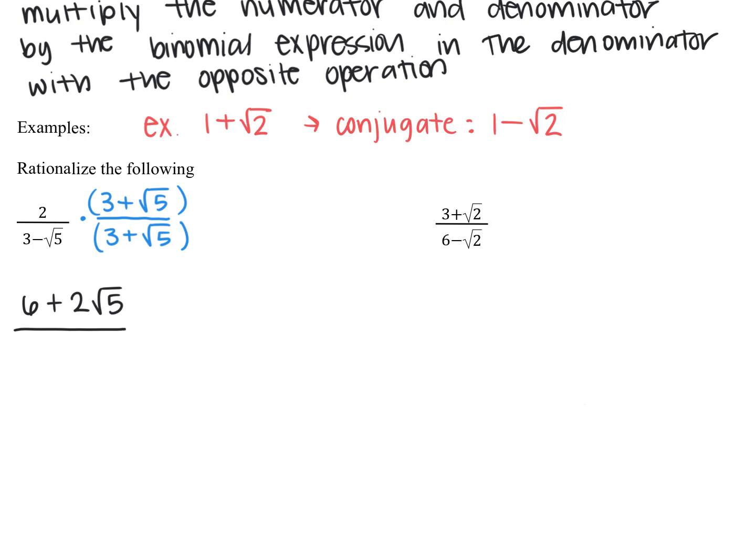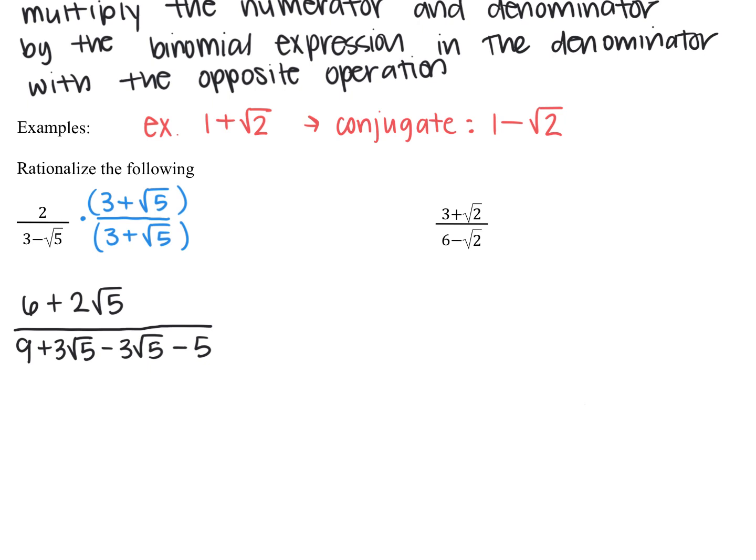And in the denominator, I have to use FOIL. So I have to do 3 times 3, which is 9, 3 times square root 5, which is 3 square root 5, negative square root 5 times 3, which is negative 3 square root 5, and then negative square root 5 times positive square root 5, which is going to give me negative 5.